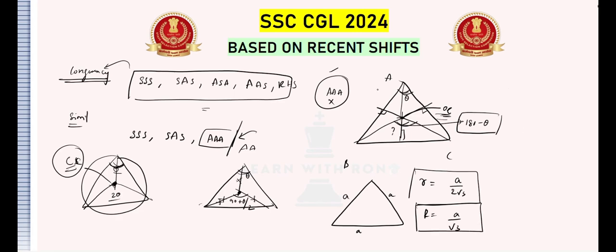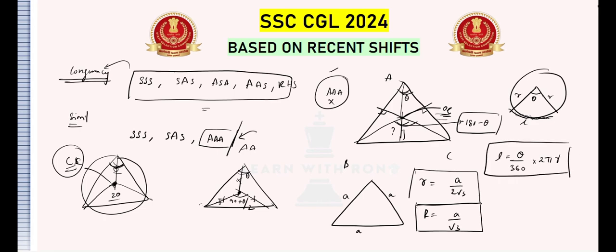And also sector formulas, remember it's important. In a circle, let's say this is a sector with an angle theta, and these are the radii, and this is the length of the arc, let it be L. The length of the arc is L equals theta by 360 multiplied by 2 pi r.